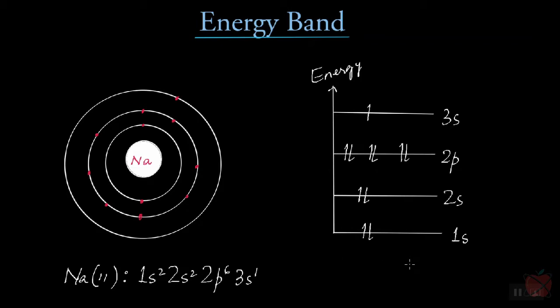Now let us consider the case in which 2 sodium atoms come very close to each other so as to form a sodium molecule. How will the energy level of that system look?